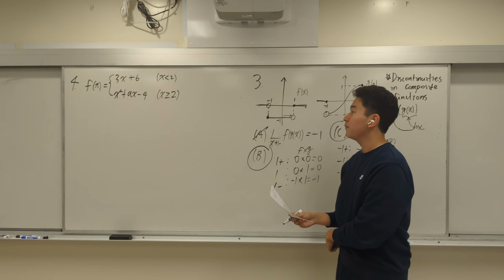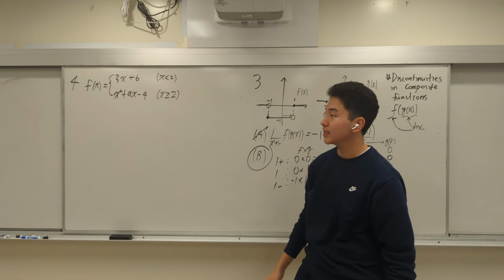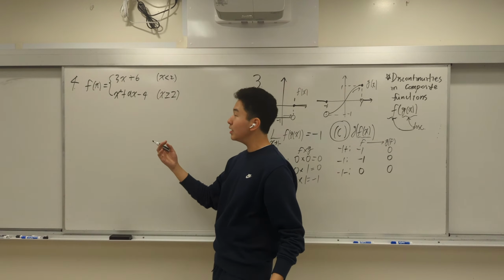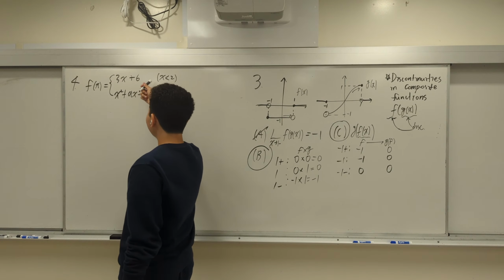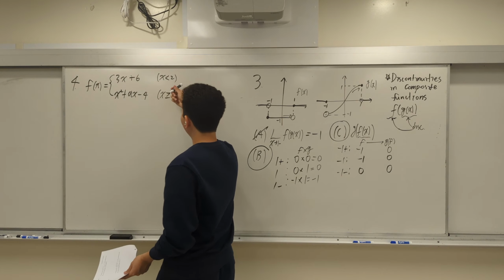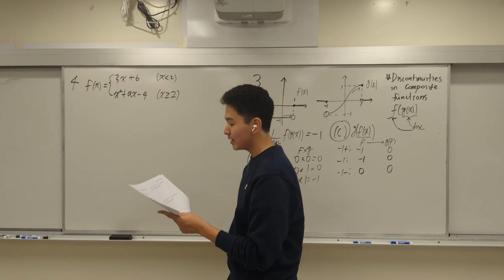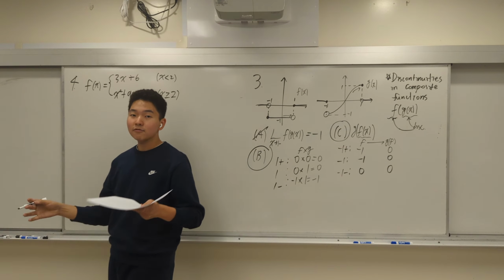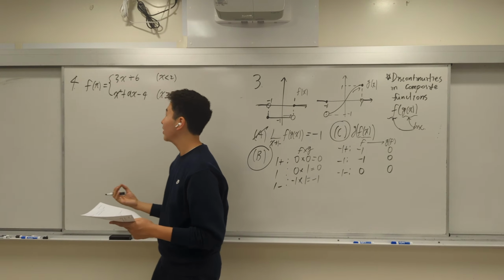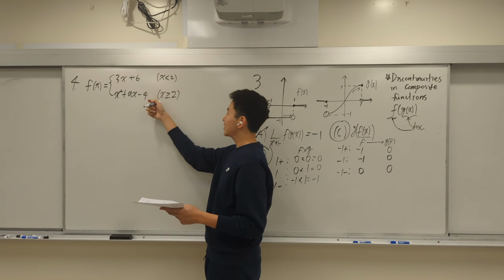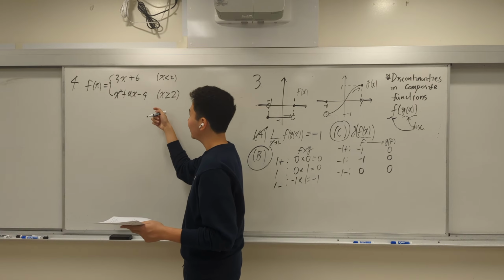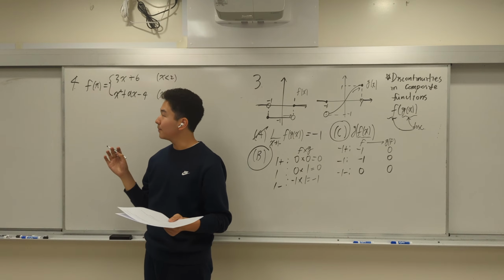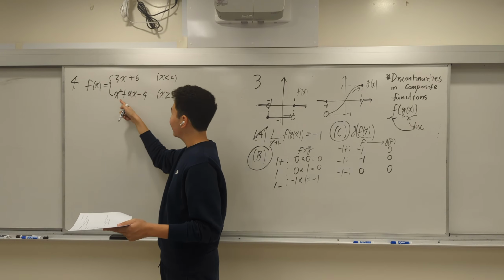Remember that polynomial functions are continuous on the set of all real numbers. So the only point we really need to consider is at the boundary of this piecewise, right? So the only point we need to consider is x equals 2, and it has to be continuous there. So therefore, the left-hand limit, the right-hand limit, and the function value must all exist, but the function value is covered by this side. So we only really need to compare this left-hand limit and the right-hand limit.